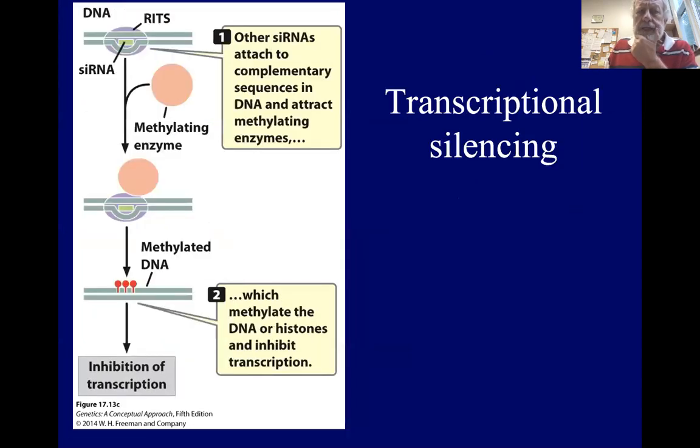And then lastly, a similar compound, RNA-induced transcriptional silencing enzyme, RITS, can combine with the siRNA to methylate the DNA, and that can inhibit transcription, as we see the methyl group shown as a little ball and sticks down at the bottom. And so that's all I have on eukaryotic gene regulation.